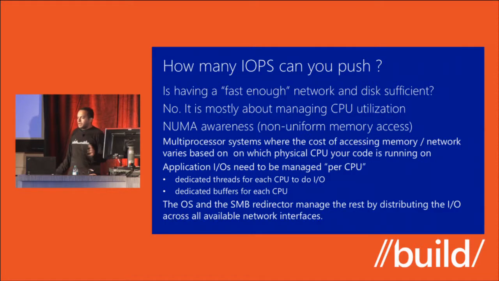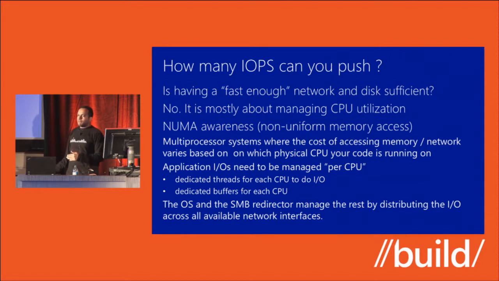Now, the OS and the SMB redirector, we redid a whole bunch of things. We broke down locks. We built NUMA awareness and CPU awareness into the stack. So once the application does the right thing, the stack and the OS will also do the right thing to make sure that your IOs issued on a certain CPU are always sent via a specific network link.